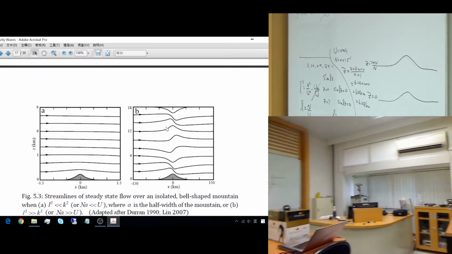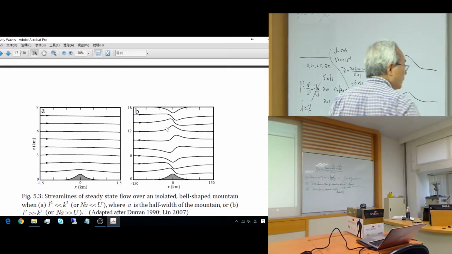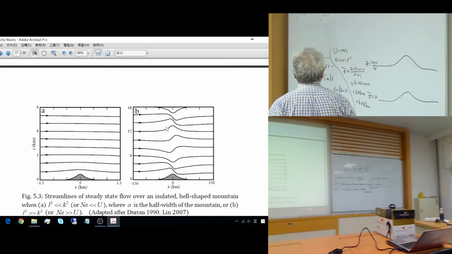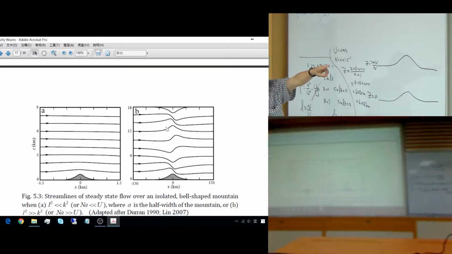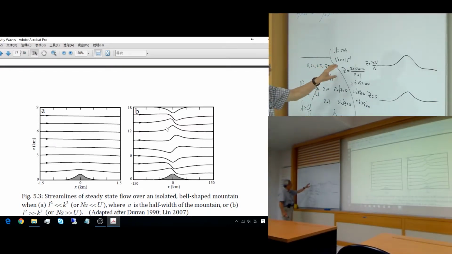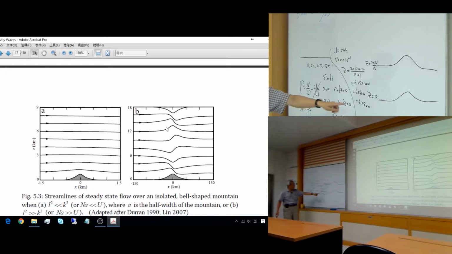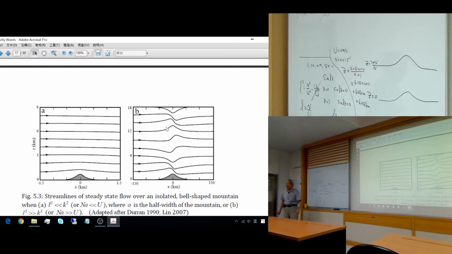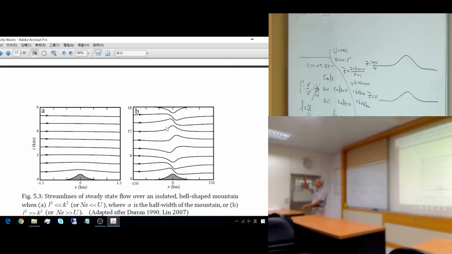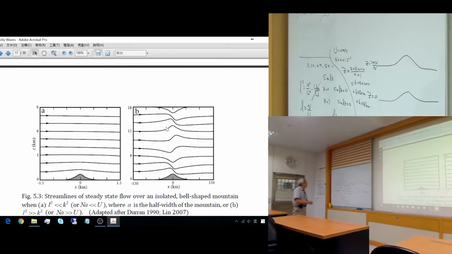It's probably U and N are different in that case. But here, if somebody asks you this question, then 6.28 kilometers is going to repeat the mountain shape, and another 6.28 is going to repeat again. So this is called the vertical wavelength of the mountain wave.